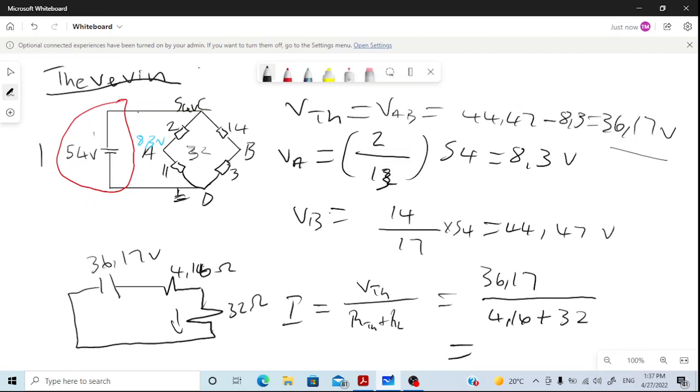So the current will be 36.17 over 4.16 plus 32, which is equal to, I don't believe this, but okay, I get 1 ampere.